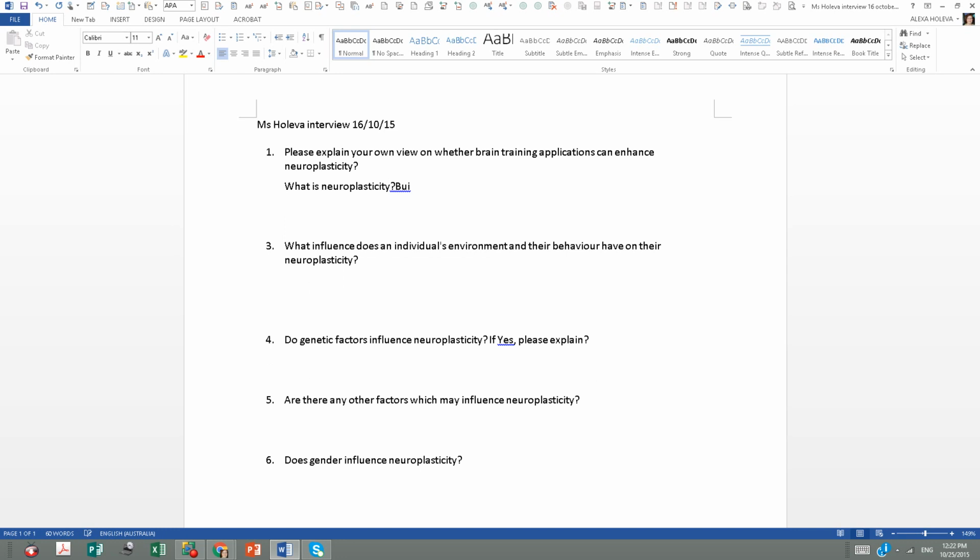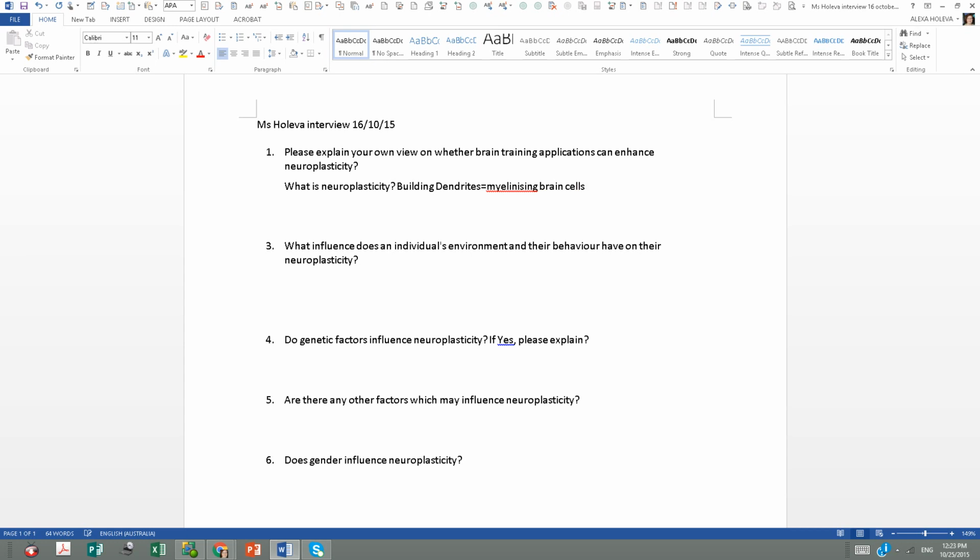Building dendrites is the skill of the brain to myelinize. What is myelin? Building dendrites means myelinizing brain cells.